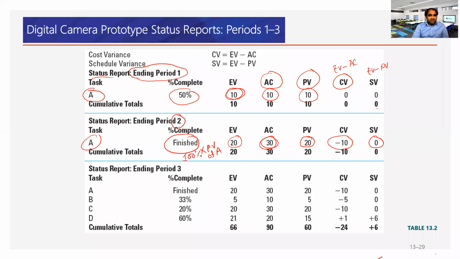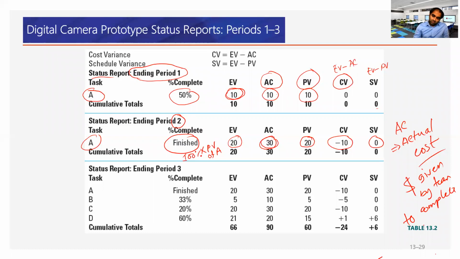Can you explain AC again here for this case? So AC is actual cost. This is the dollar value we get from the team, the dollar value given by the team to complete the task.